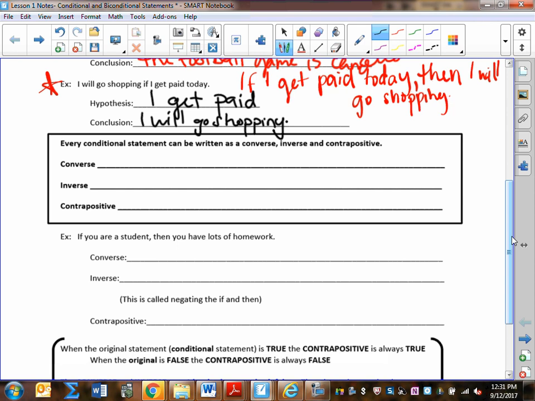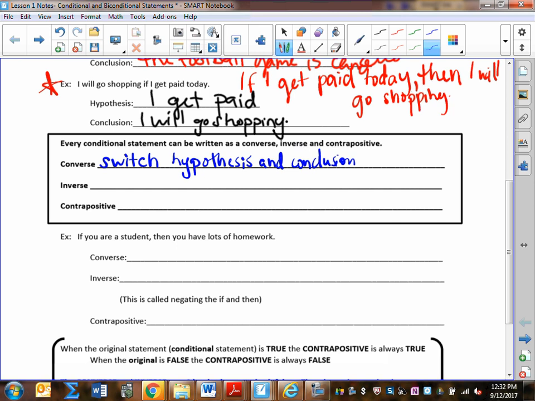First one, converse. And you've got to know which one's which, because it won't always be in this order. So converse, we switch the hypothesis and conclusion. This is based upon my original conditional. I take that original conditional and switch the hypothesis and conclusion. Now, in our notation, instead of if P then Q, what do you think that notation would be?